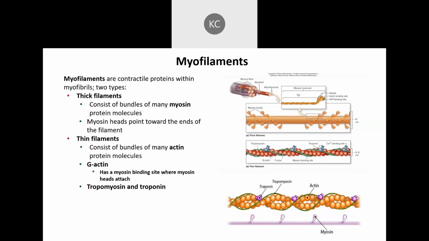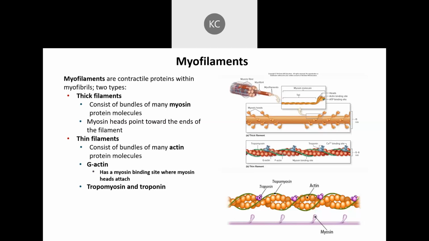The G stands for globular. Okay, globular. So each of these red balls here in this top image are individual G-actin proteins. And all these G-actin proteins bind together and they form what's called F-actin. F stands for fibrous, right? So you get one large fiber, if you will.